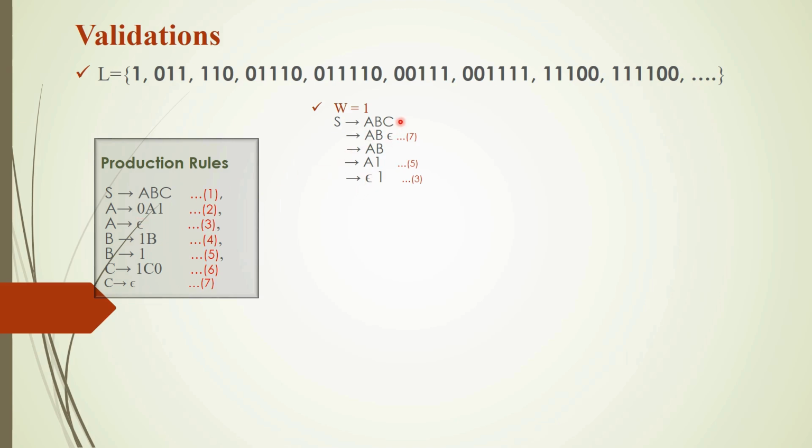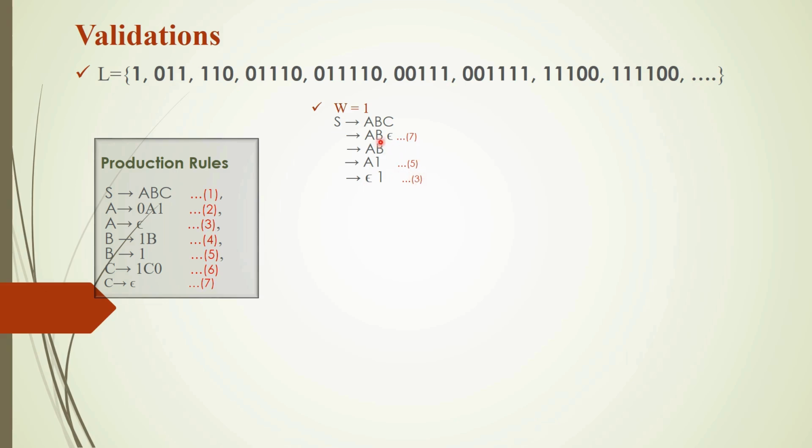In this example I implemented a rightmost derivation first. That's why I'm substituting my rightmost variable C with epsilon, then my B with a 1, and at the end I'm substituting my A with epsilon, which is your third rule.